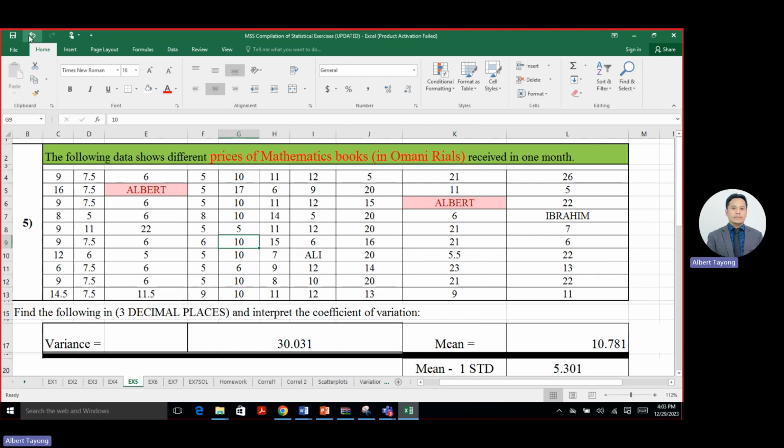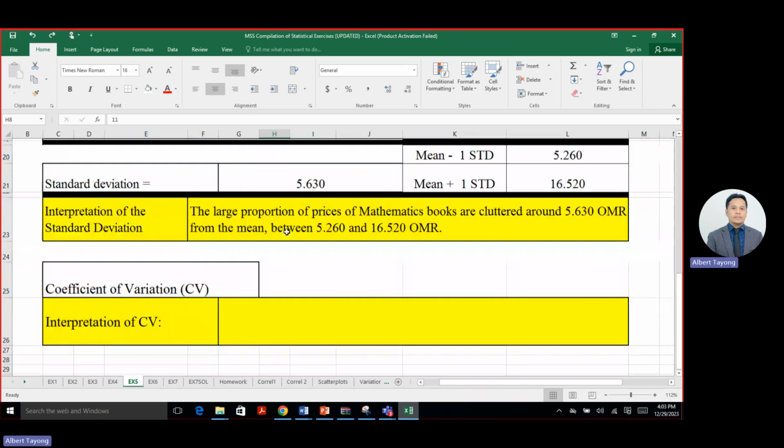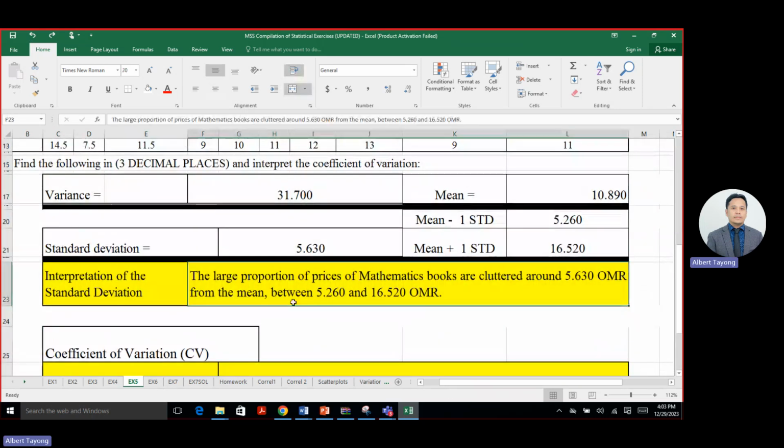Right, so I hope this is clear. So we have here our interpretation of the standard deviation 5.630 using mean minus 1 standard deviation and mean plus 1 standard deviation. Or you can delete the 1, as I said, it does not matter.